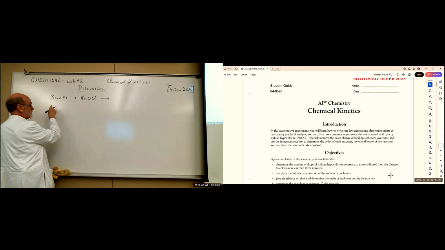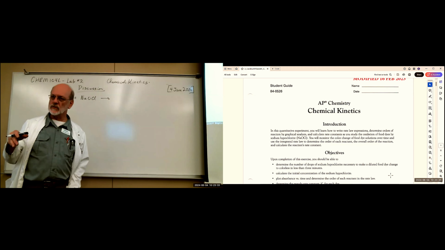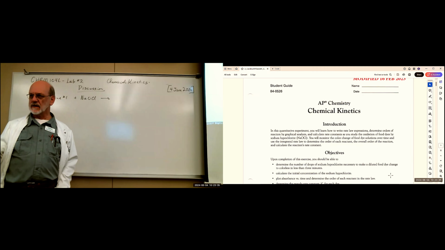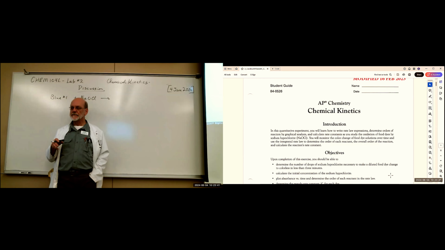So this is a case where we've got 2 reactants, and the discussion of determining the order of rate laws experimentally only allows us to do 1 at a time. So we need a rate law where the reactant is allowed to vary, but only one of them is allowed to vary.